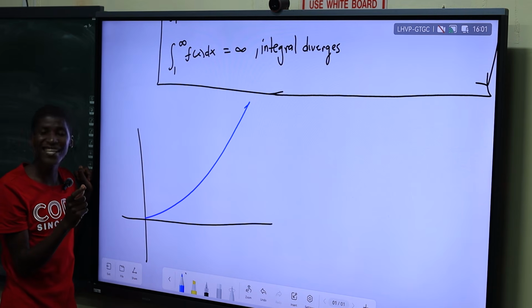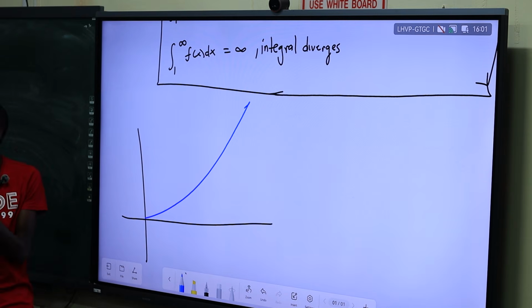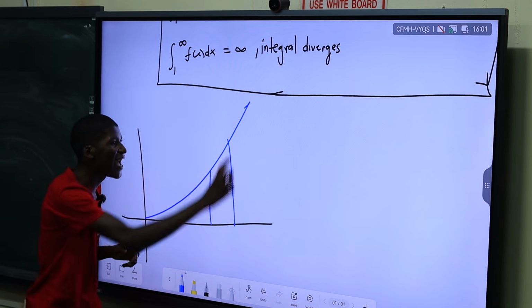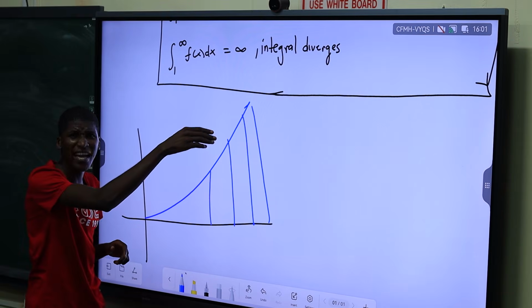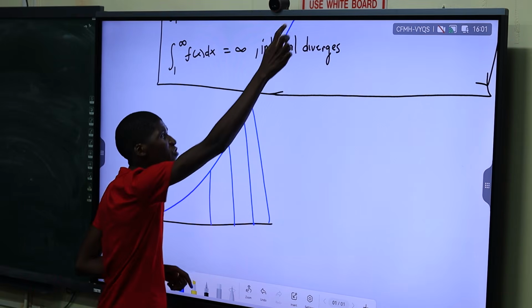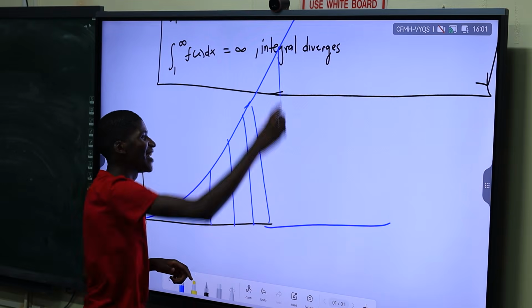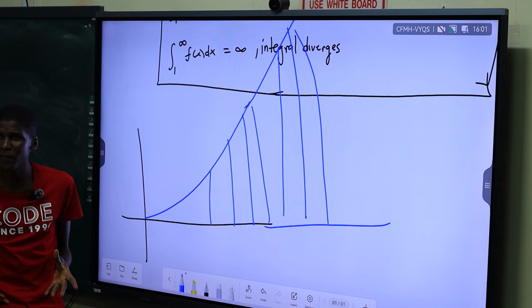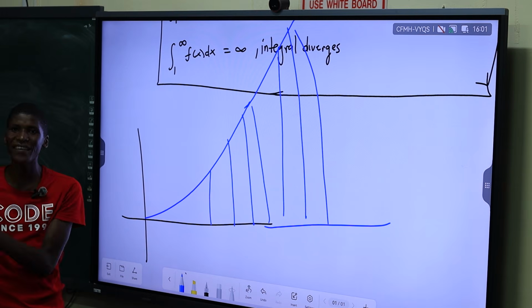The integral represents the area. So if your function is increasing, the area under the curve keeps on increasing because we are not stopping. We are accumulating with the sum. Your area becomes bigger and bigger uncontrollably, so it's a cumulative area.